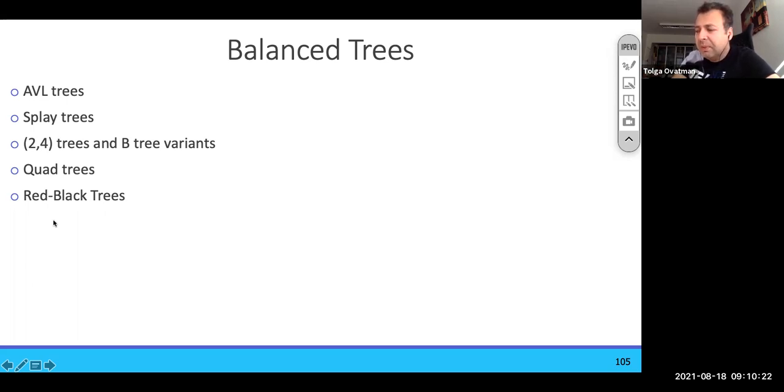There is also something called radix trees, which I will discuss when we meet again in the afternoon session. It is used for a different area, or rather a different kind of usage. So this is mainly our topic today.